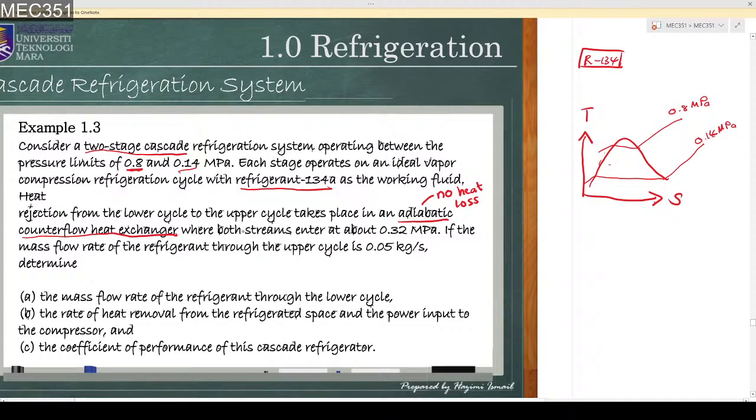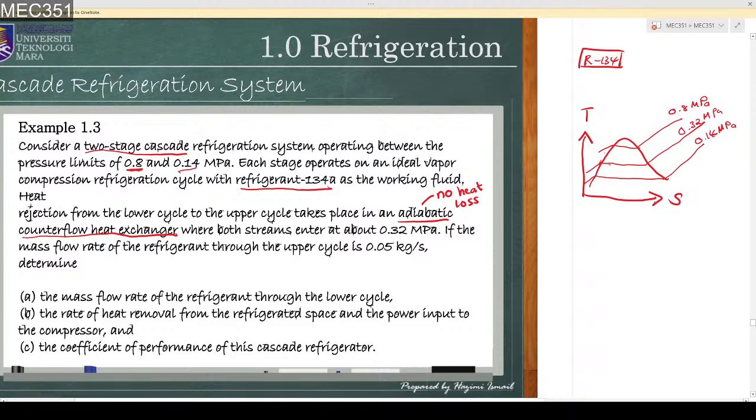Both streams enter at about 0.2 MPa. So we have another line of pressure here, 0.32 MPa. Now we have three lines of pressure: 0.15, the lowest one, 0.32, the middle one, and the highest pressure line is 0.8 MPa.